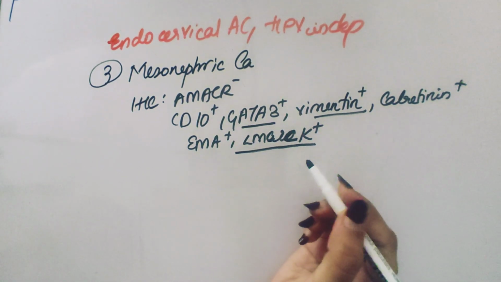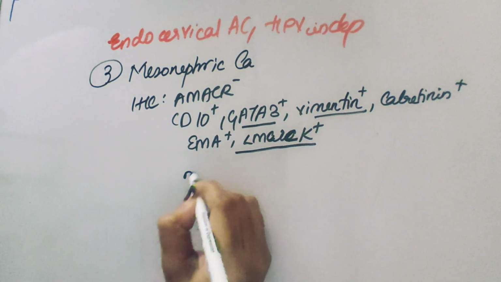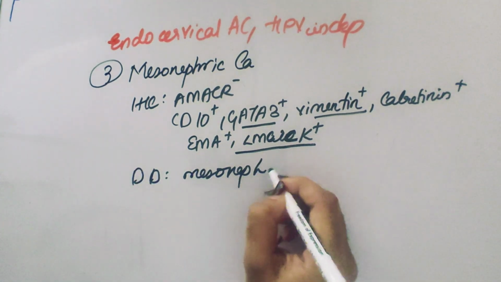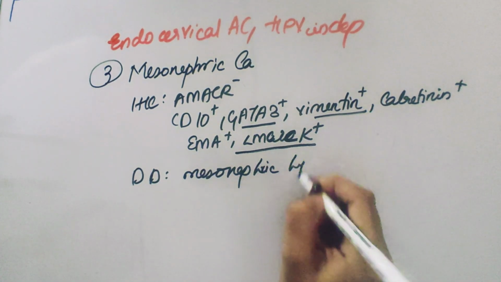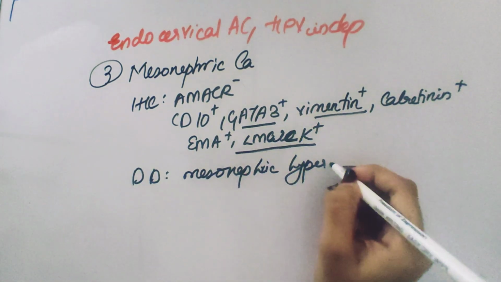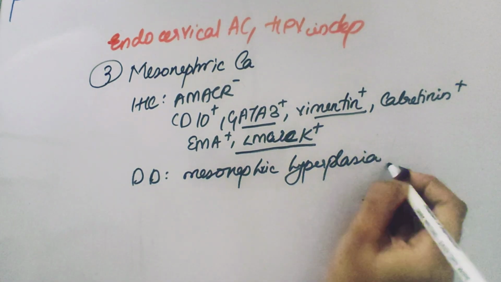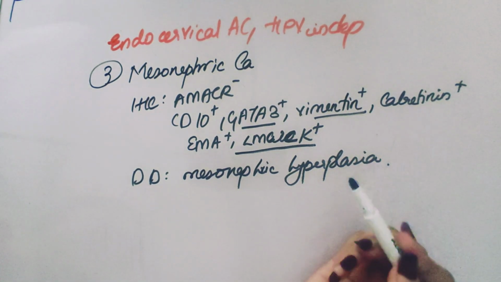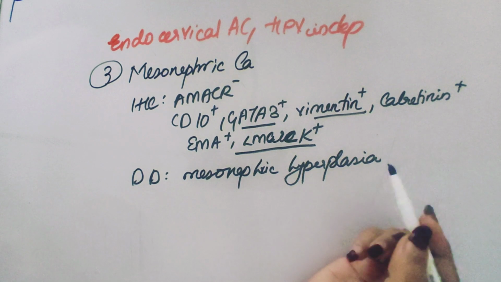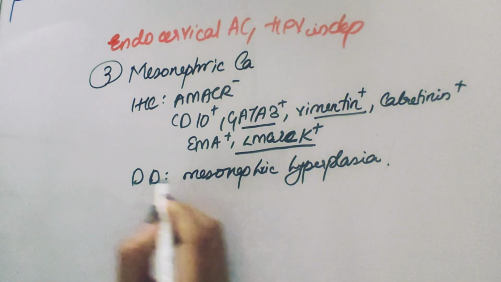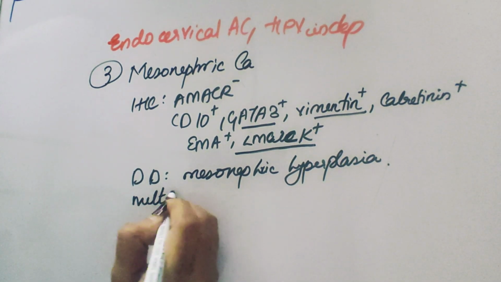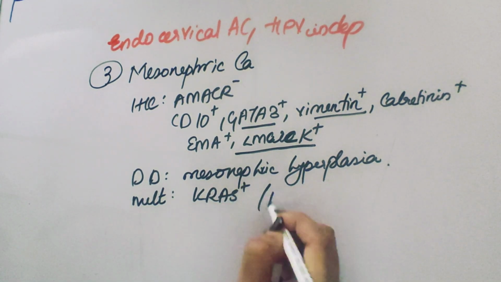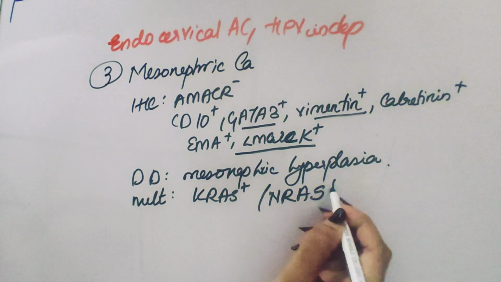Okay, why are these things essential? Because the differential diagnosis mainly is mesonephric hyperplasia. So in hyperplasia, these things are used to differentiate it, because carcinoma is obviously deeply invasive and you should be able to pick it up. And in mutations, that is the etiopathogenesis of mesonephric carcinoma, it has KRAS positive or NRAS positive.